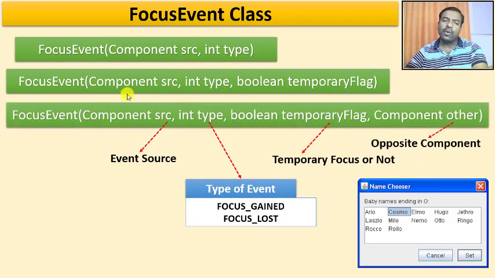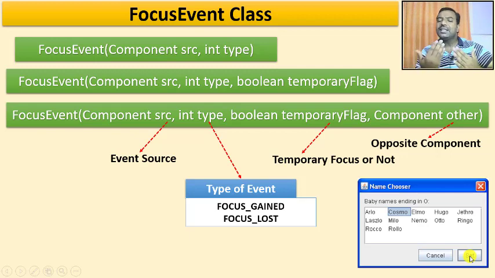And I am going to have one more extension of the same constructor which contains one more parameter, and this parameter is the opposite component. That is, if I bring this button to focus, the other button will go to unfocused. And if I bring this button back to focus, the other button will go to unfocused.